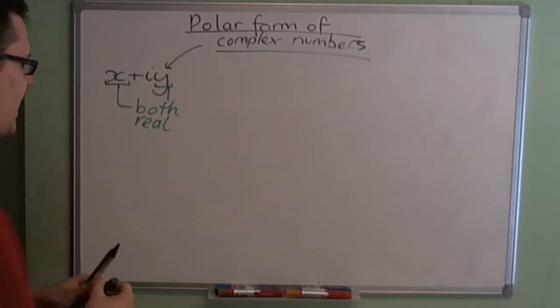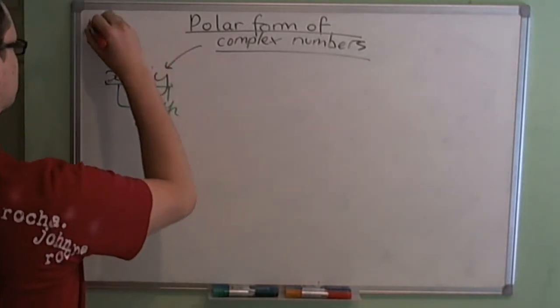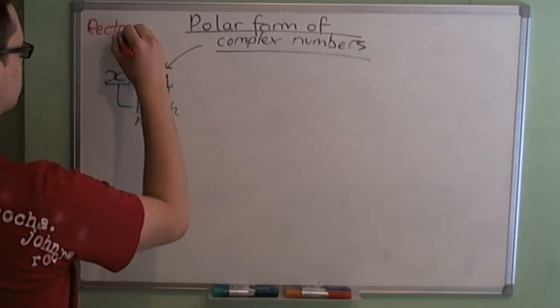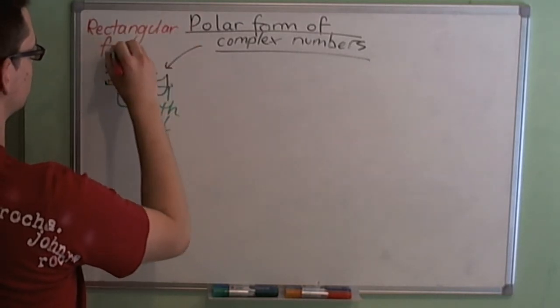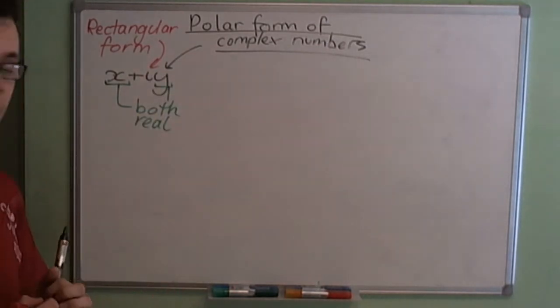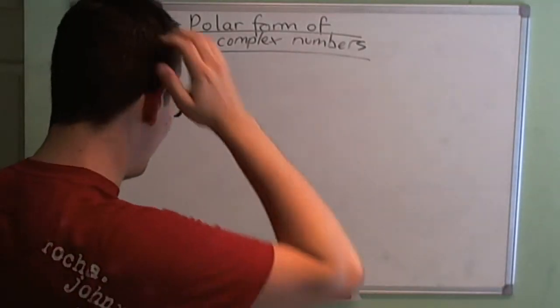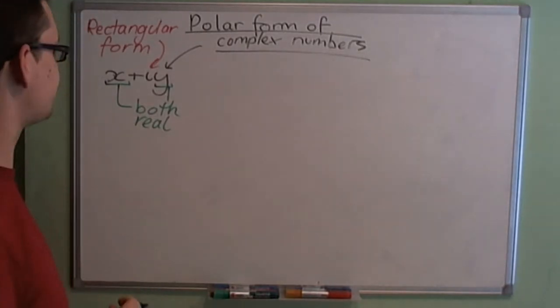That's called the rectangular form of complex numbers. However, that is not the only way to express a complex number.